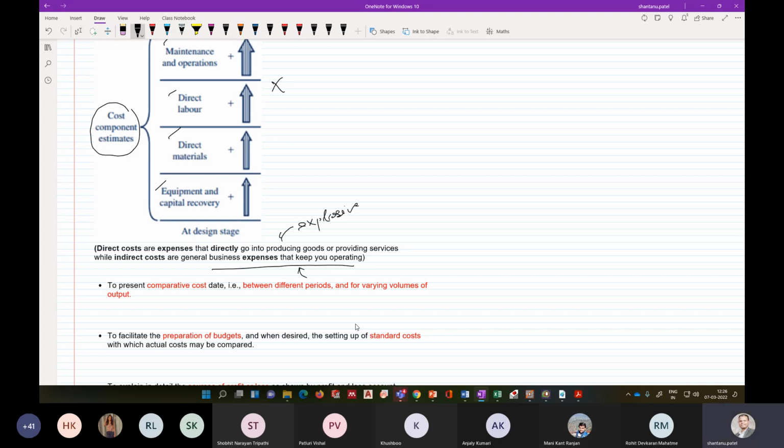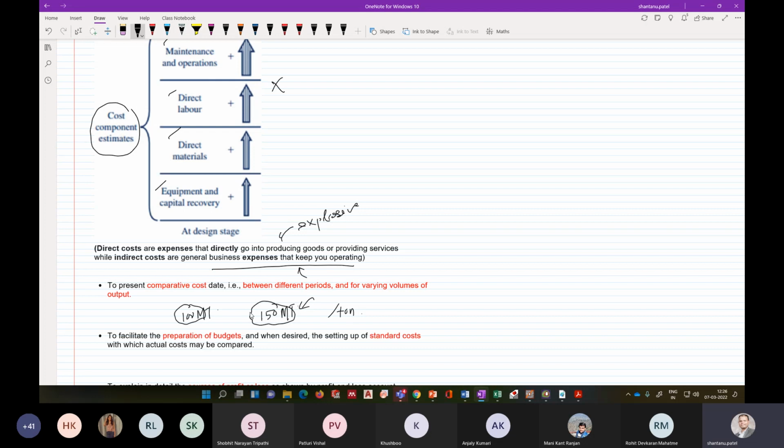Next purpose is to present comparative cost, that is between different periods and for varying volumes of output. So let's say you want to produce 100 million tons of ore per year, or maybe you want to compare with 150 million tons of ore, and what is the per ton cost here and what is the per ton cost there.